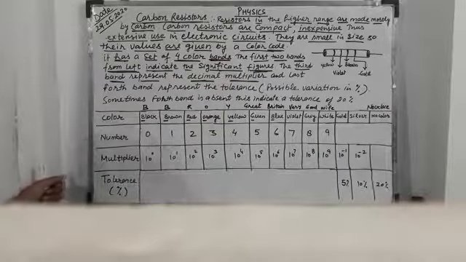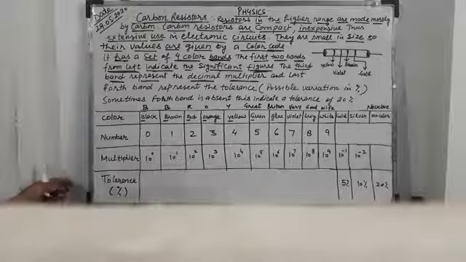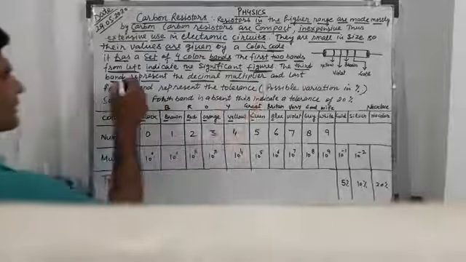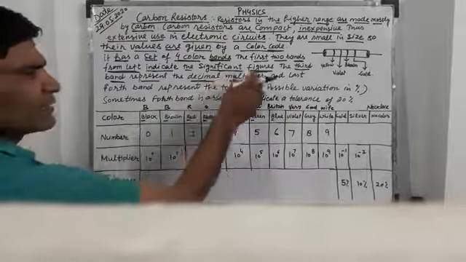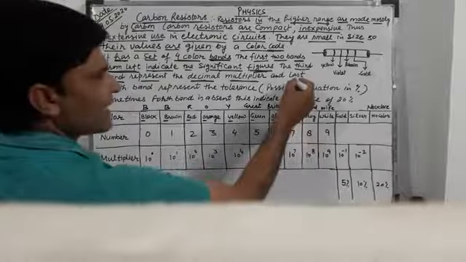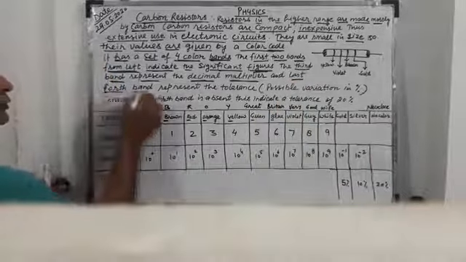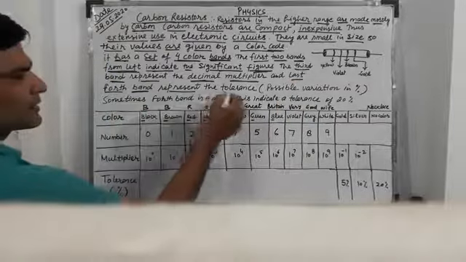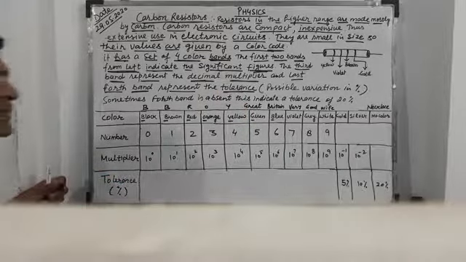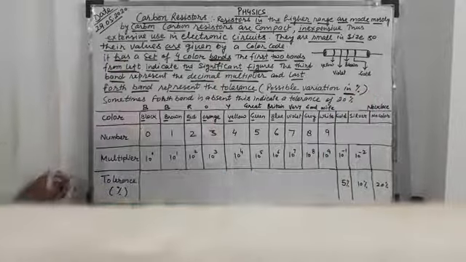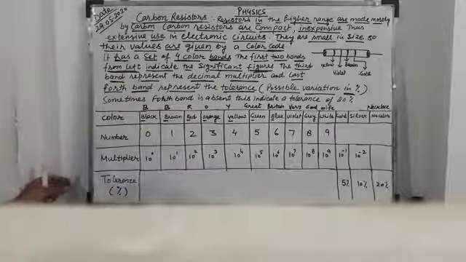You can understand this with the help of this table. The third band represents the decimal multiplier, and the fourth band represents the tolerance. Tolerance is the possible variation calculated in percent.